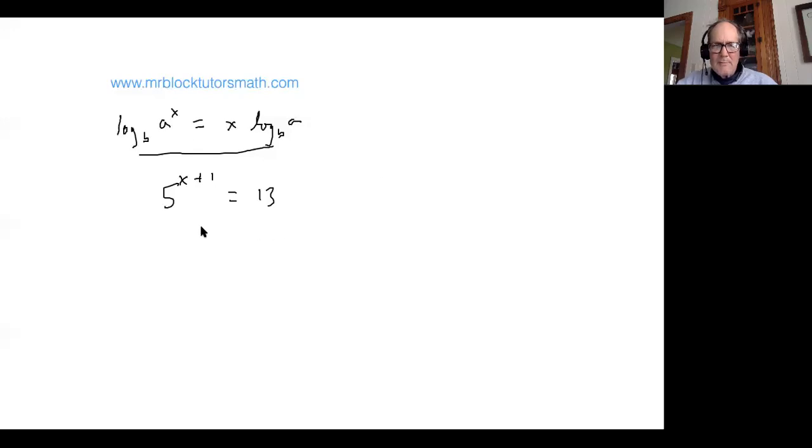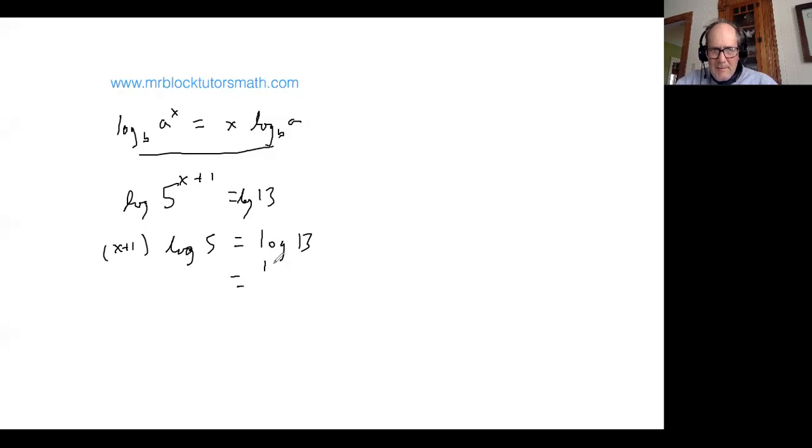Now here's another problem, just slightly harder, but let's use the same technique. If I take the log base 10 of both sides, I end up with x plus 1 in front of log 5 equals log 13.